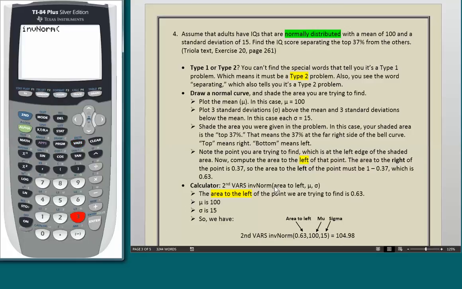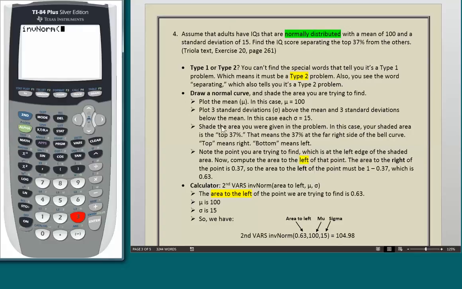What we need to put in here is the area to the left, and that means the area to the left of the point we are trying to find, and then we're going to put in mu, and we're going to put in sigma. We found that the area to the left of the point we're trying to find is 0.63. And you remember, that was 1 minus 0.37, which was the area to the right. It's very important you get this straight.